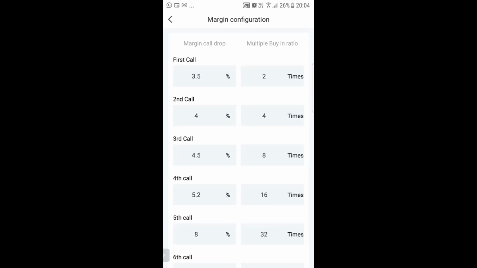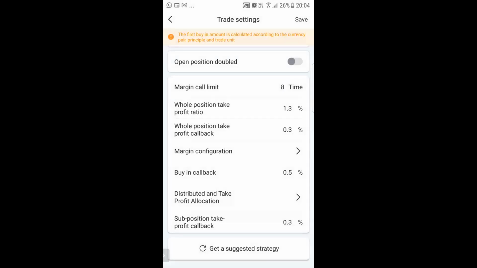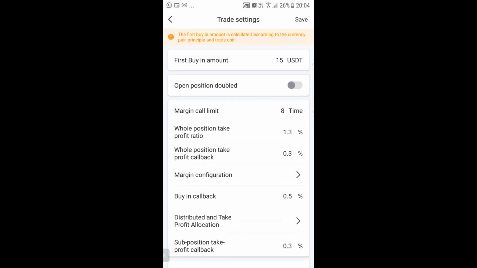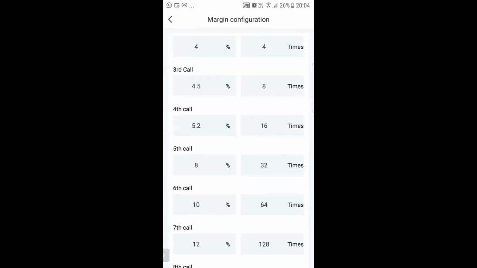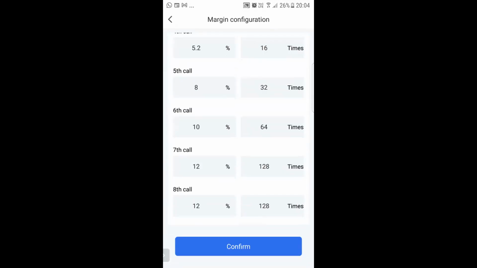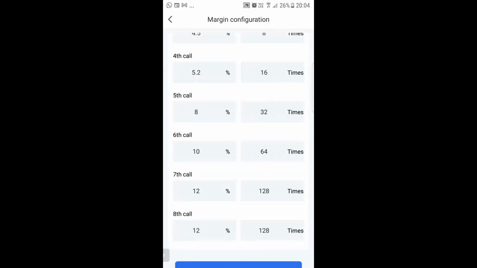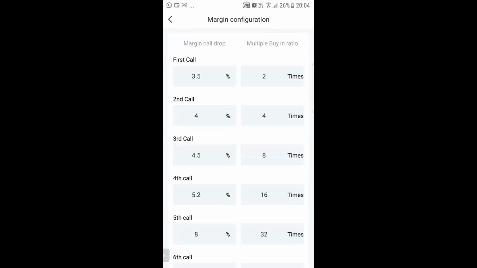Let's go one step back to see, after you have entered with your first buying amount of 15 USDT, what is going to happen in terms of the remainder of the calls. Remember, we set 8 calls, and you can see those calls. The bottom one is the 8th, and the first one is the one of 3.5% margin drop.